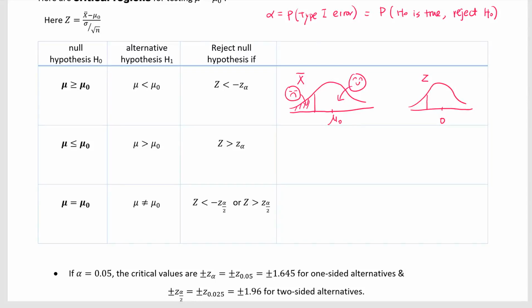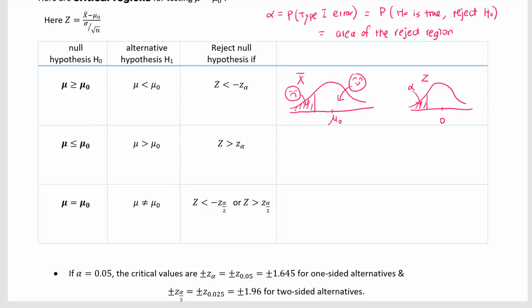Okay, so that is also the area of the reject region. Okay, so here we reject it if we're right here, right? So this is the reject region. Well, the area here should be alpha.